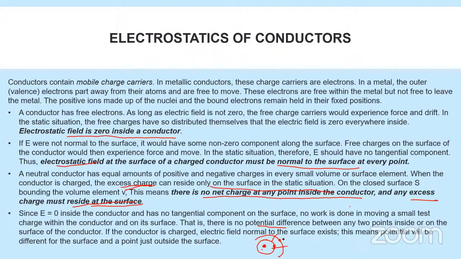So the electric field is normal to the surface, and the potential at the surface is going to be different from this point that is outside the surface on an equipotential surface. Okay, so this is another aspect of the conductor.